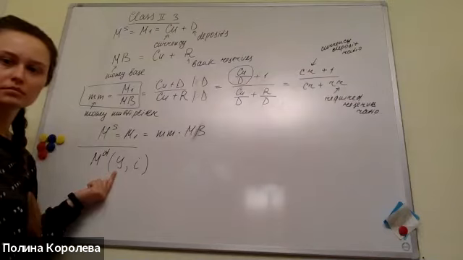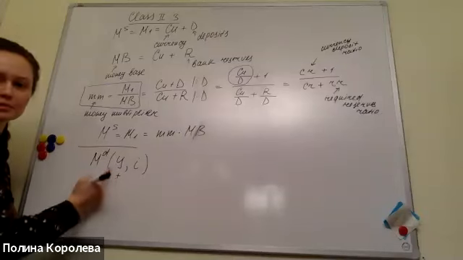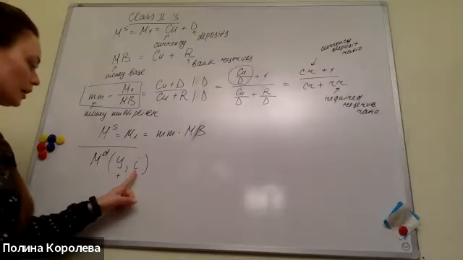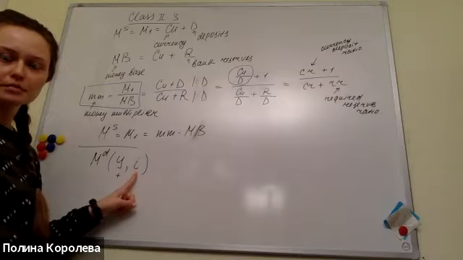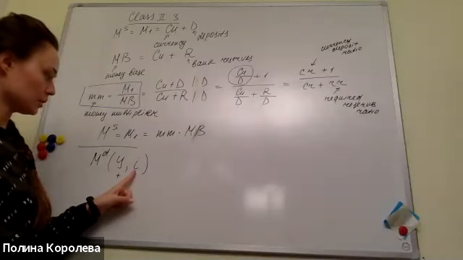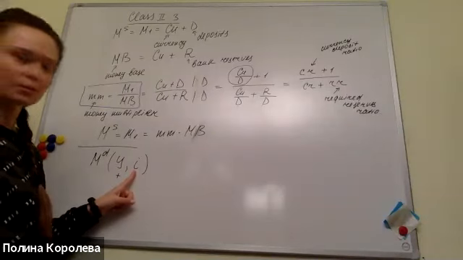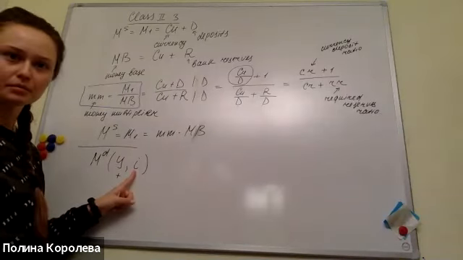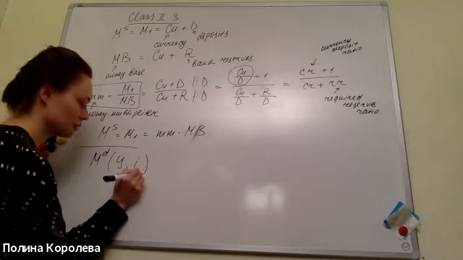Higher money demand. So here plus, a positive connection. And a higher interest rate gives lower money demand, because we want to keep more money in bonds, not in cash. So here minus. Good.